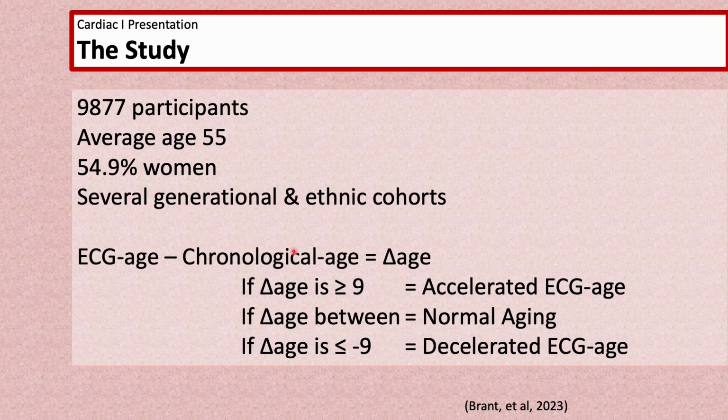If a participant's delta age is negative 9 years or less than their chronological age, they are considered decelerated, meaning their heart is actually younger, meaning their heart acts younger than their actual age.